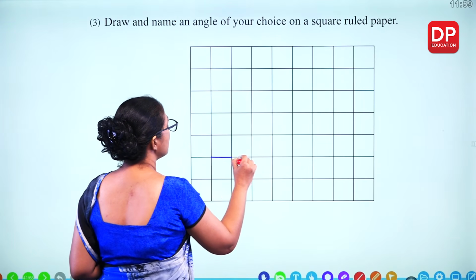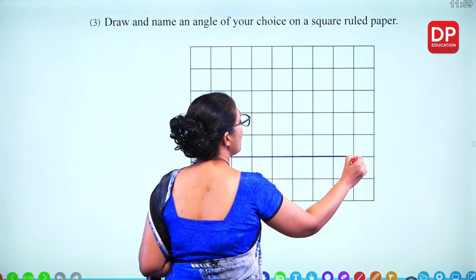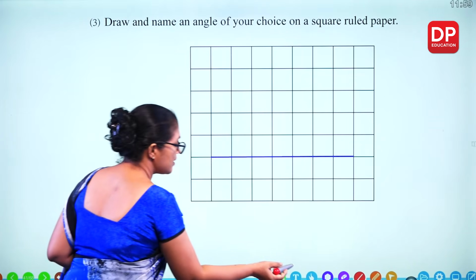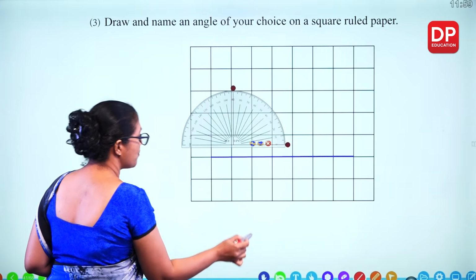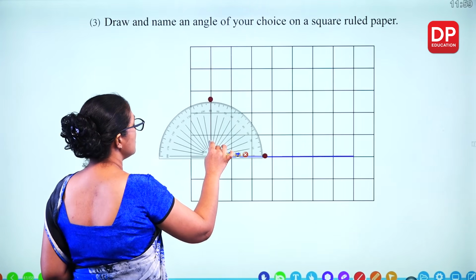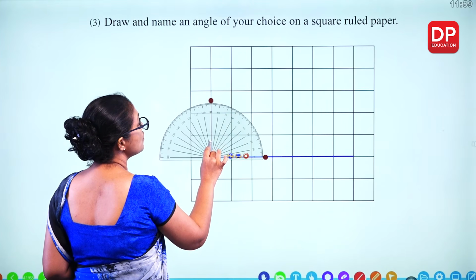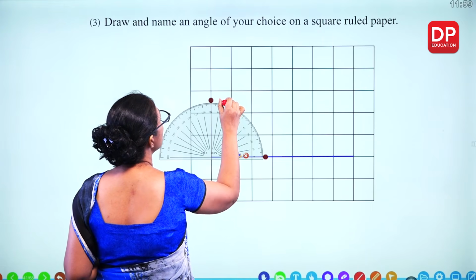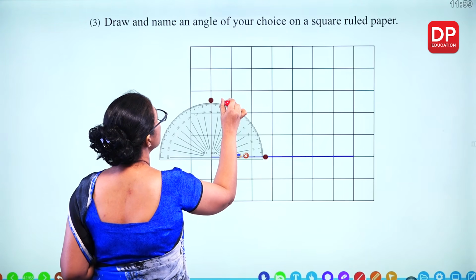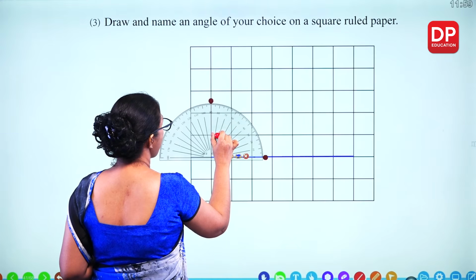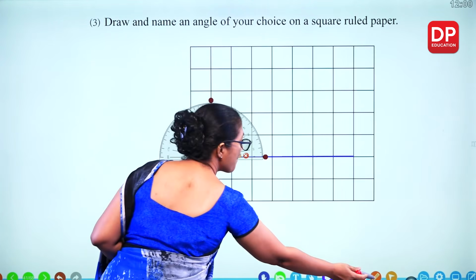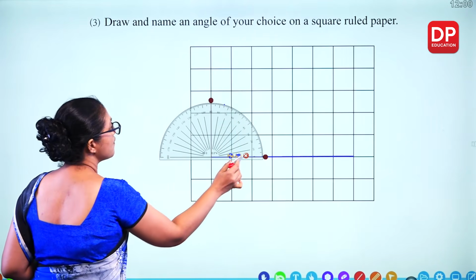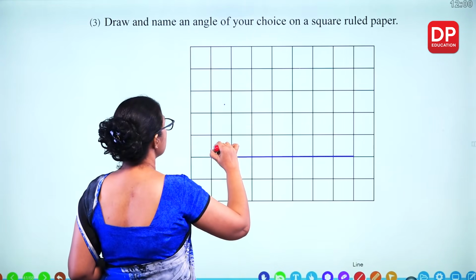Draw and name an angle of your choice on a square rule paper. I can draw this one, and I'll take the protractor and measure 75 degrees. So from here to here, 75 degrees. And take the ruler and connect.